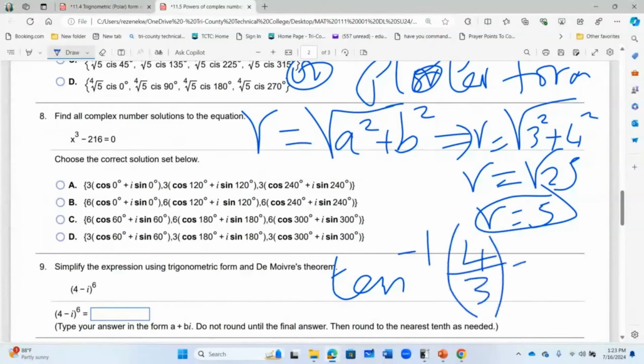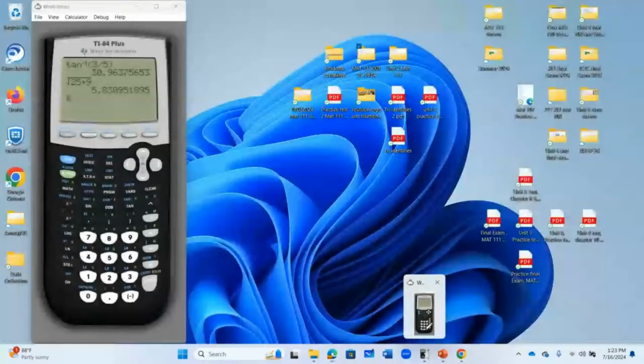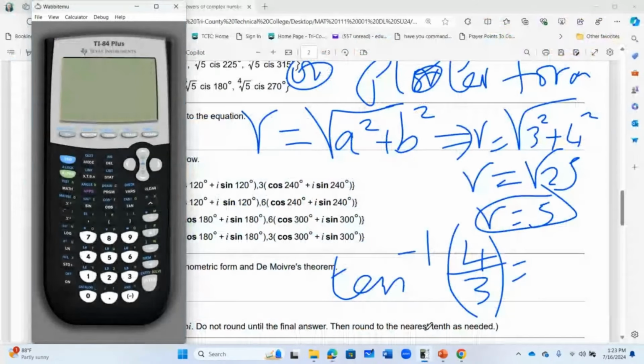I can get my calculator and find it. When I find that angle, it is the reference angle, because the angle is in the third quadrant. So I'm going to find that quickly.